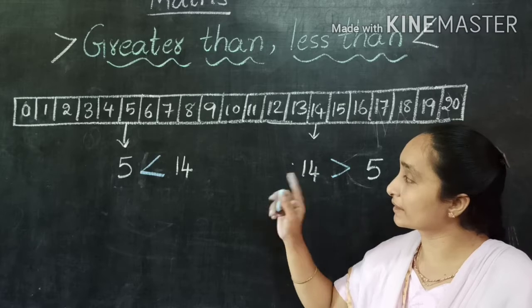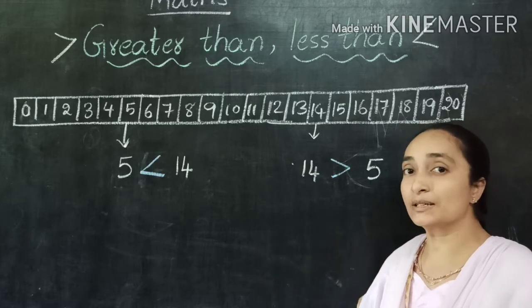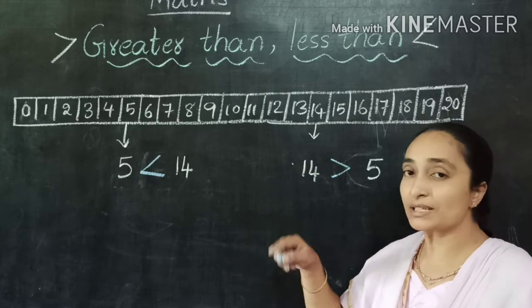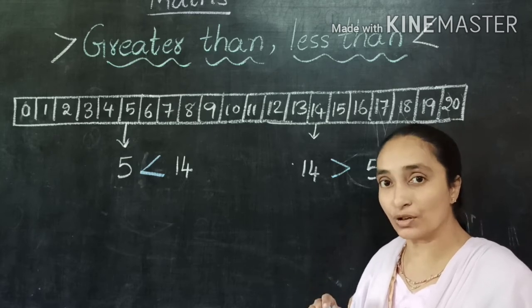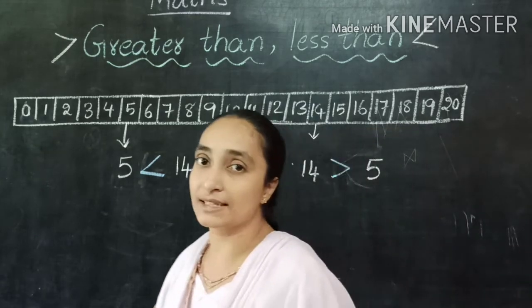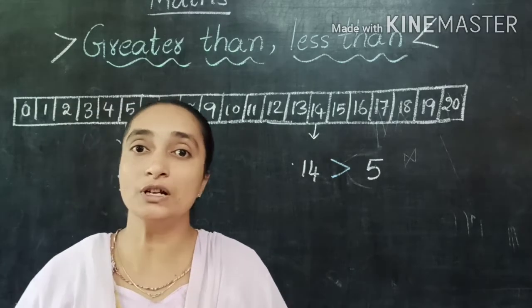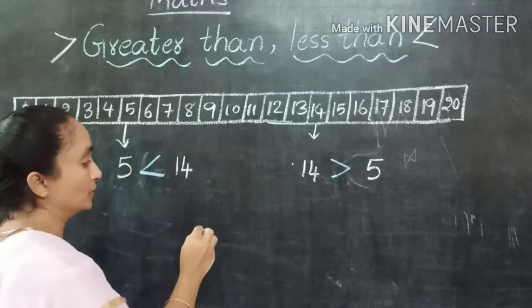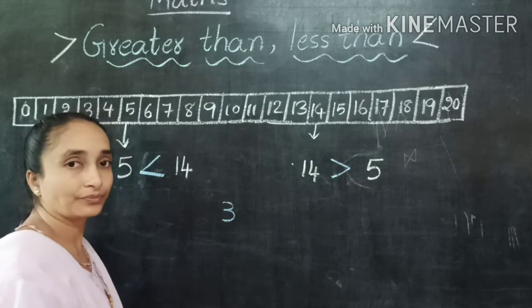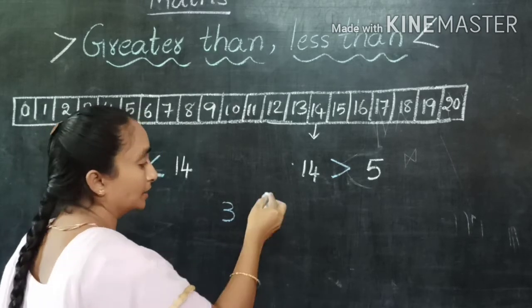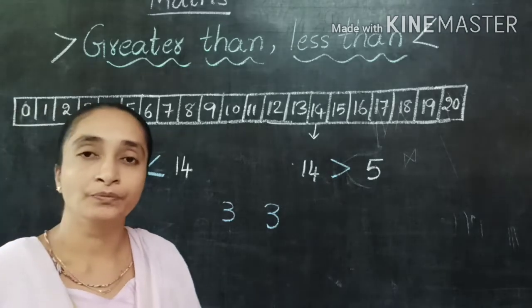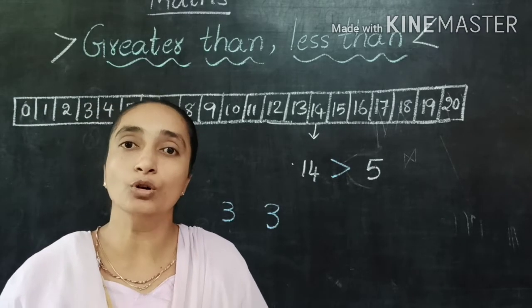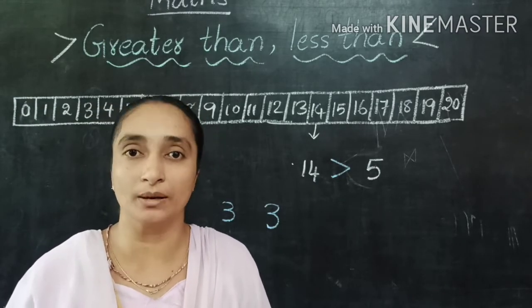Children, suppose two numbers are the same, what will we write there? Yes, that is one also you have to learn. That is equal to. Suppose 3, and here also I have taken the number 3. 3, 3. How are the numbers? No big, no small. Both are the same numbers, equal numbers.